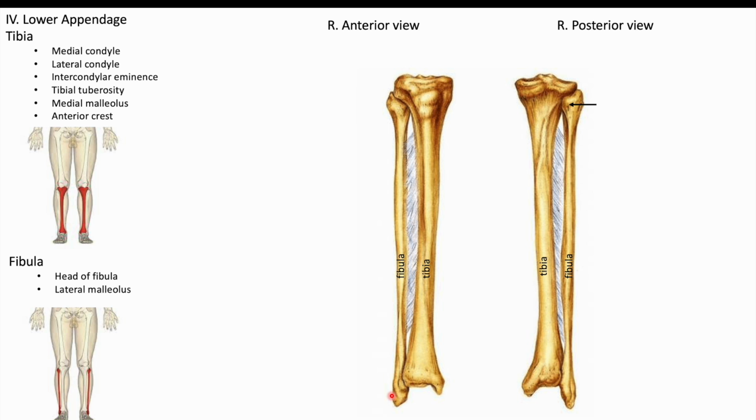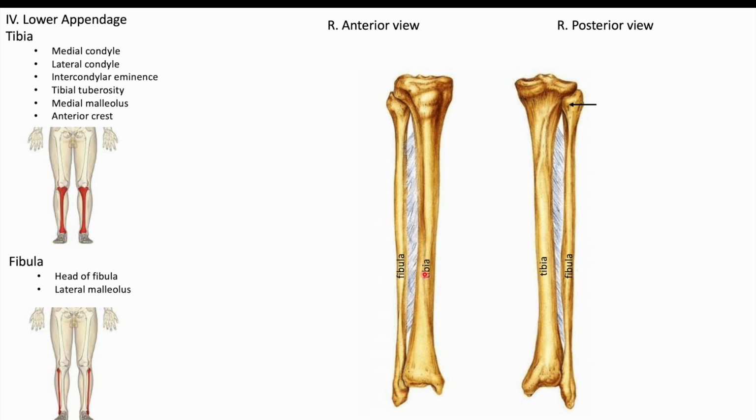Again, the malleoli are both bony protrusions at the lower ends of the tibia and the fibula respectively. They both help form the ankle joint. The medial malleolus is on the inner side of the ankle, and the lateral malleolus is on the outer side. They also help stabilize the joint.